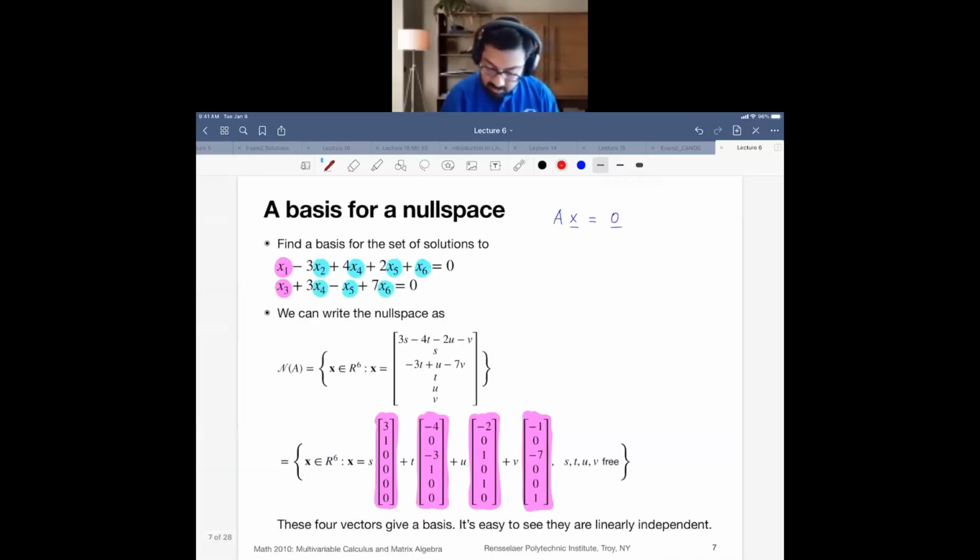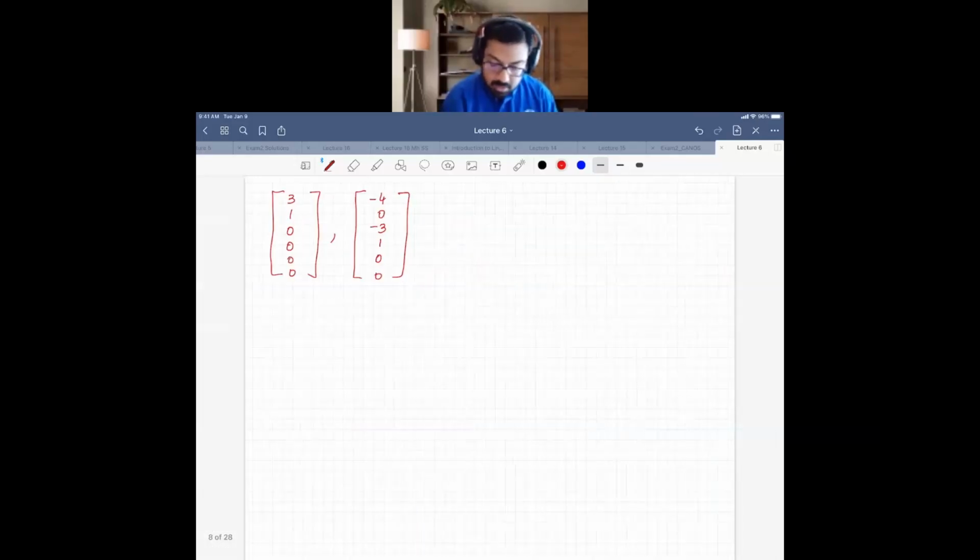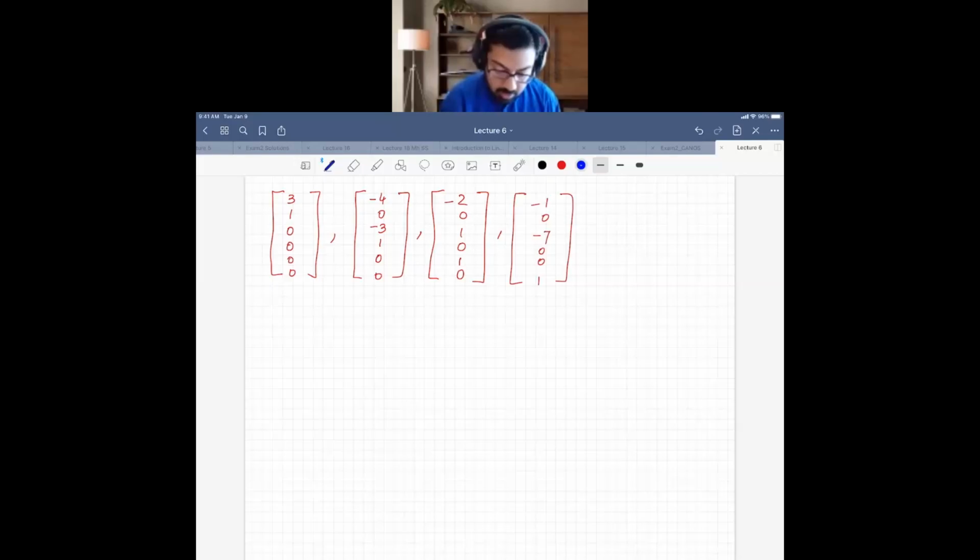I'm just rewriting these 4 vectors to check whether they are linearly independent, and I hope they are, because that's the only way I can claim that it is a basis. And the last one is going to be -1, 0, -7, 0, 0, and 1. Let me call them W1, W2, W3, W4.